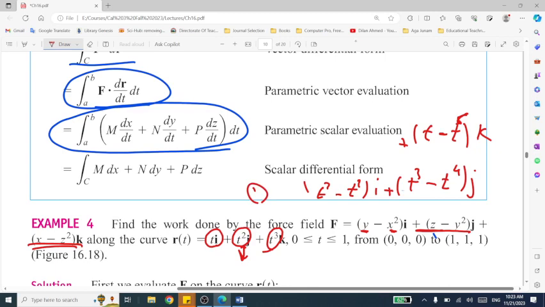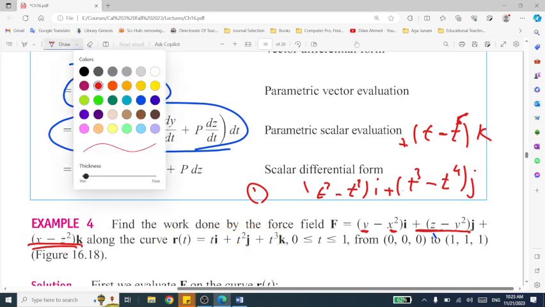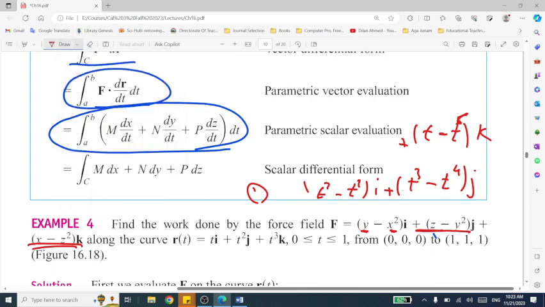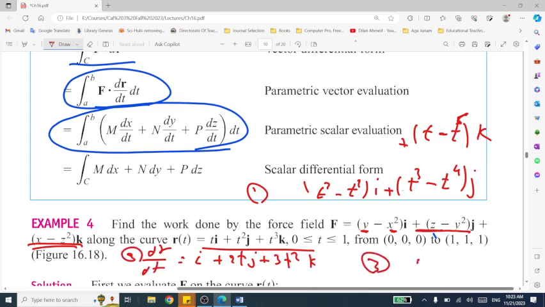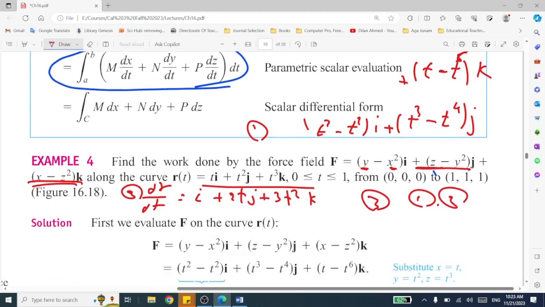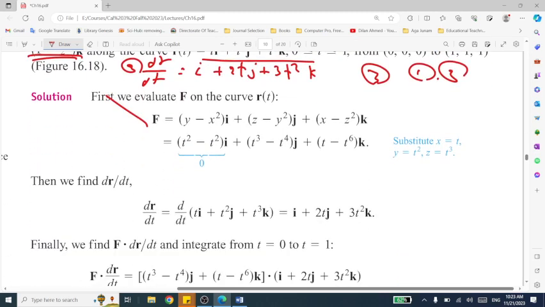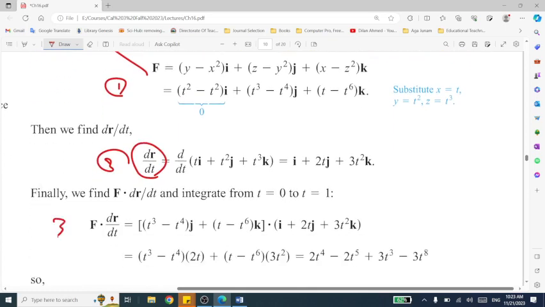Okay, second step. Derivative of r by t. dr/dt is equal to i plus 2t j plus 3t² k. Am I right? Then dr/dt, multiply F by dr/dt: first step, second step, third step, multiply.